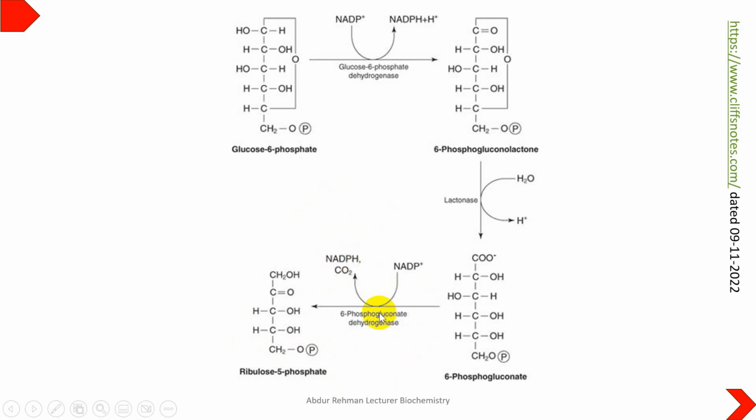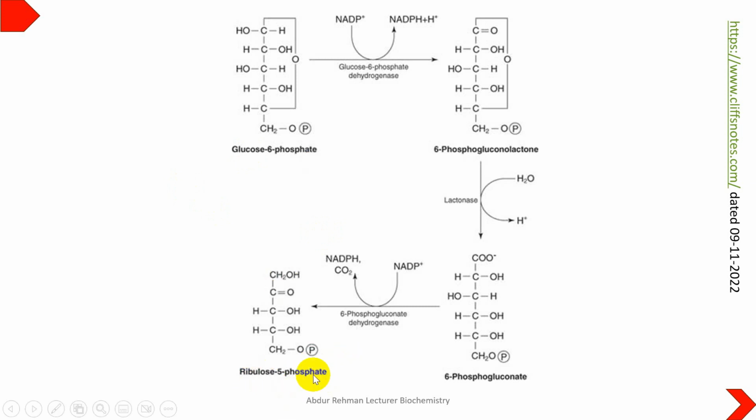Remember, we discussed earlier that wherever a dehydrogenase enzyme is involved, it most of the time gives you NADPH or NADH molecules, while if any kinase enzyme is involved, there is phosphorylation or dephosphorylation, and ATP utilization or production takes place. So this was about the oxidative phase, which started from glucose 6-phosphate and ended up in ribulose 5-phosphate.